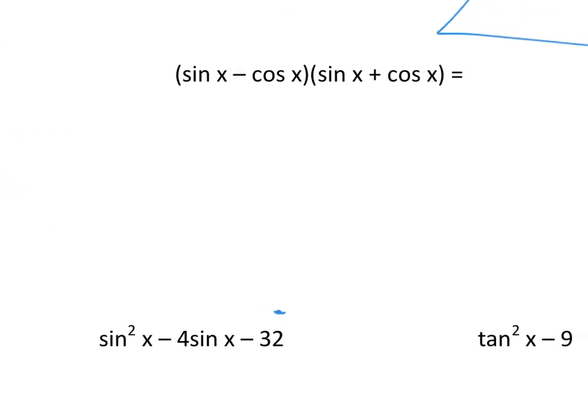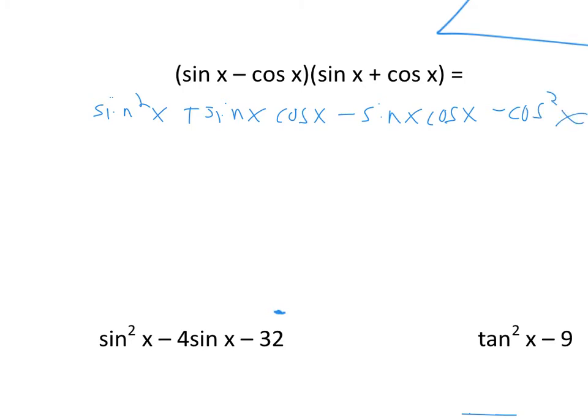All right, now this one's kind of an interesting little problem because you've got something that looks kind of familiar to something you've done before. And that would be FOIL, of course. So if I were to FOIL this out, I would have sine squared of x plus sine of x cosine of x, and then for the inners you'd have the same thing but a minus, and then minus cosine squared x.